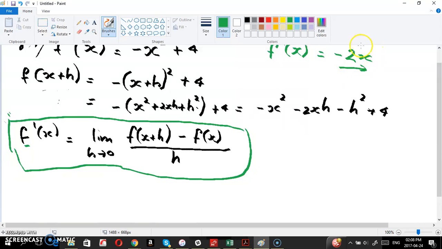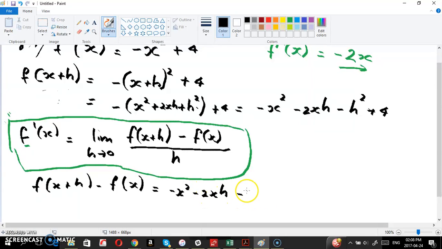So the next thing that we can do is work out what is f of x plus h minus f of x. Now, if we do our arithmetic properly, I'm just going to write out the entire thing just to make sure that you understand it fully. So you've got minus x squared minus 2xh minus h squared plus 4.